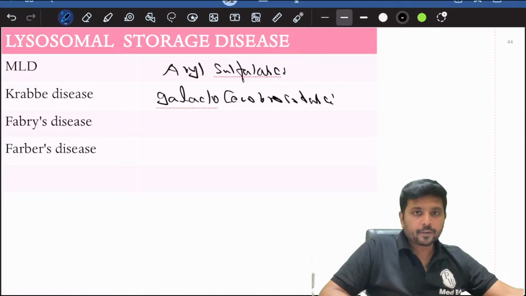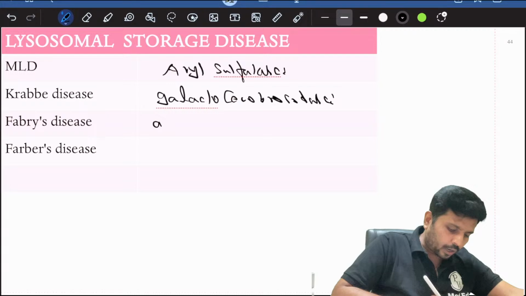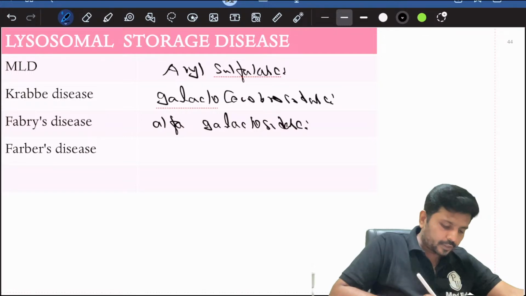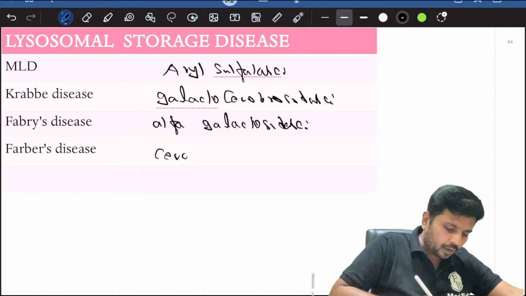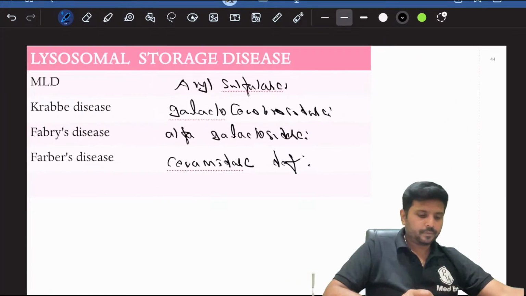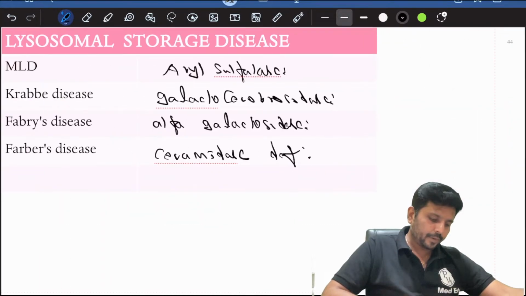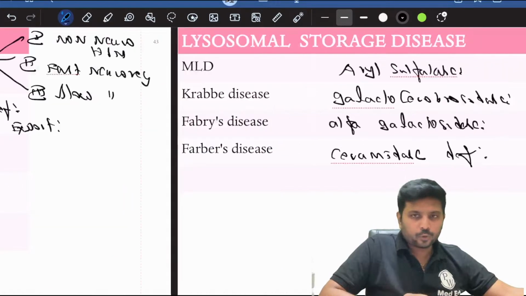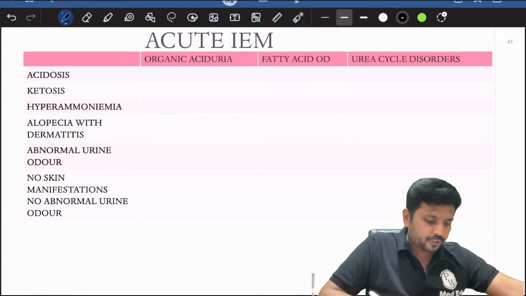Fabry's disease is due to alpha galactosidase deficiency. Farber's disease is due to ceramidase deficiency. Definitely, I think you will get one question from this ceramidase deficiency.